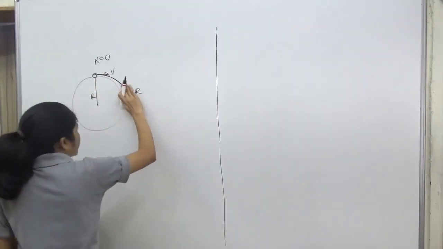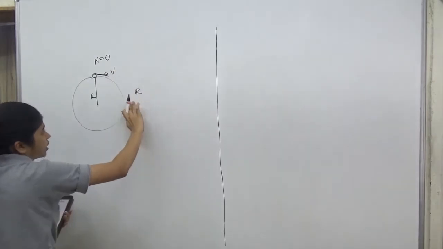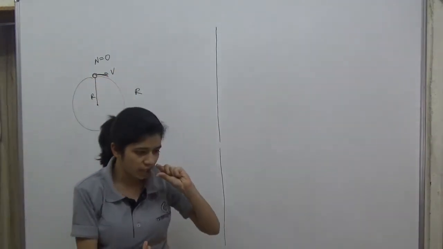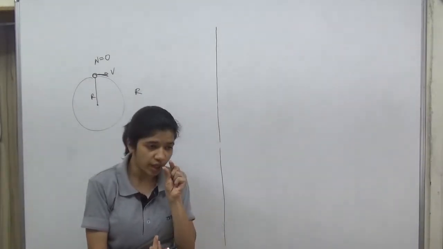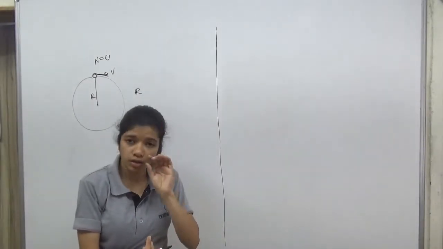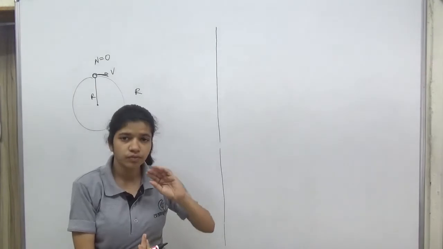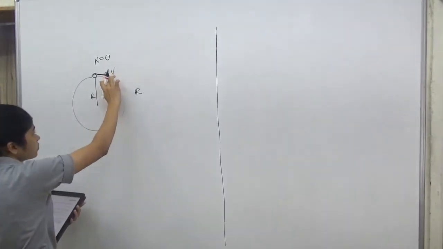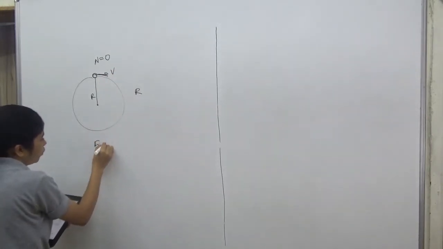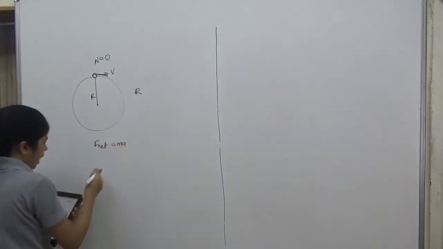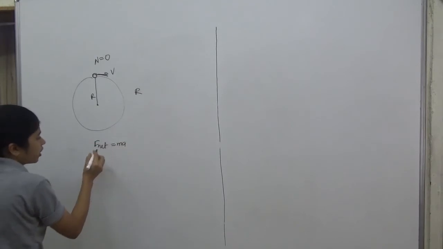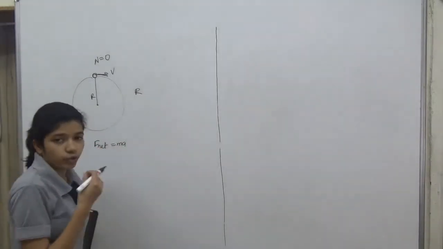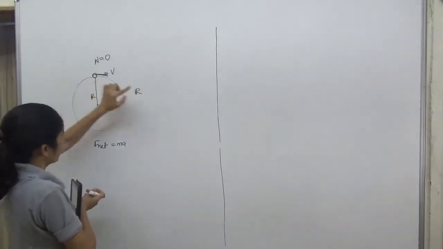So we cannot claim about this much length of the path, but for this small distance, we can say that it is moving on a curved path of radius r and normal force is 0. So here I will use F net is equal to ma, and I will consider that this object is moving on a circular path of radius r with the velocity I am providing.